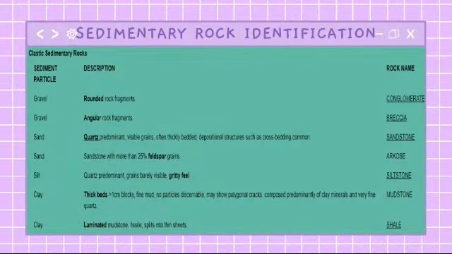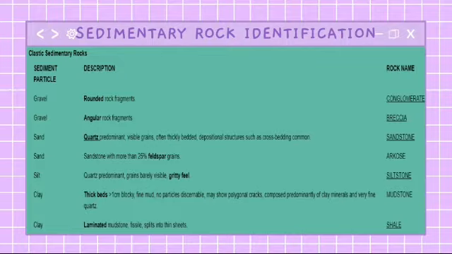Now let's go to sedimentary rock identification. So if in igneous rock, what they use is the texture or crystal size and mineralogic composition. Here in sedimentary rock, specifically the clastic, the sediment particle or its description is the basis for the name of the rock.